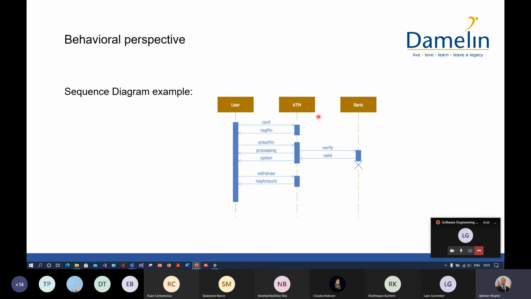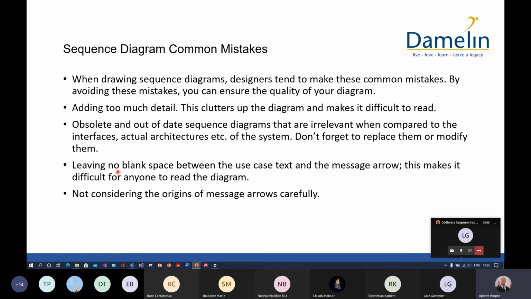We're able to put a bracket here and say, when the person inserts the card, it has information that it's sending to the ATM, such as the customer's name and surname and so forth. So in a more detailed use case diagram, you get to see that. So don't leave blanks between use case text and the message arrow, and don't forget to consider the origins of message arrows carefully as well.